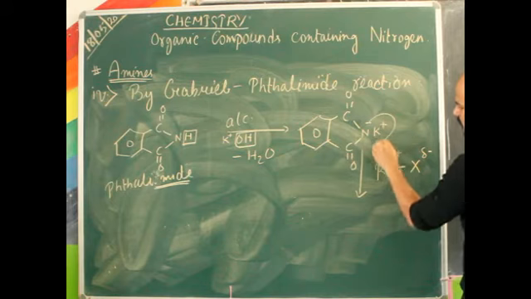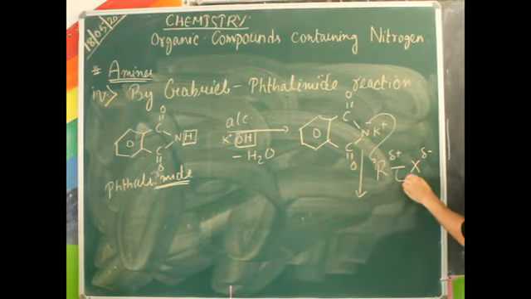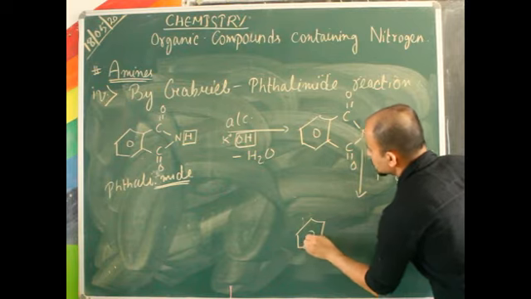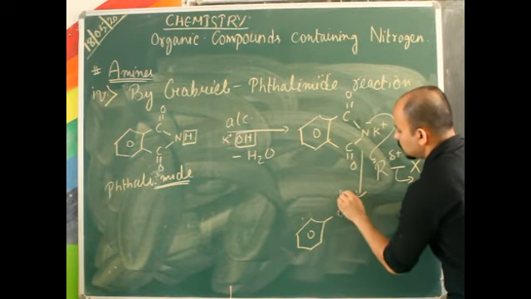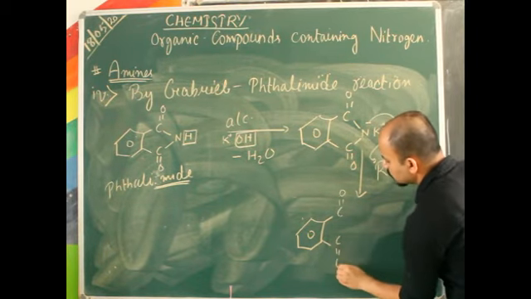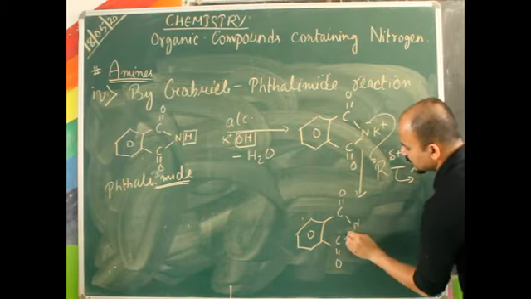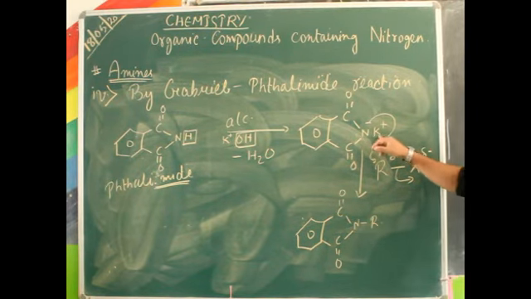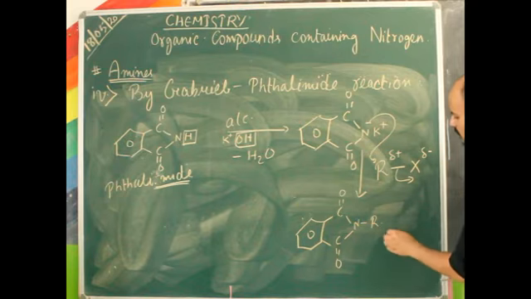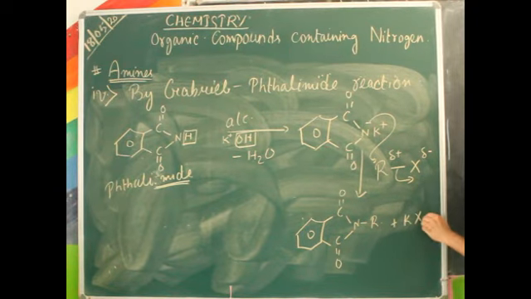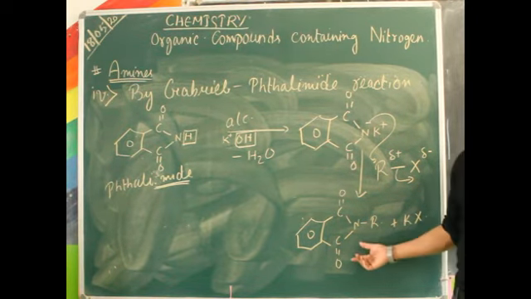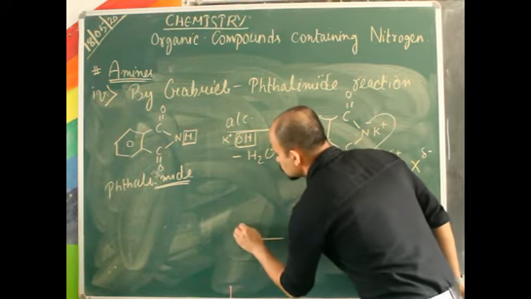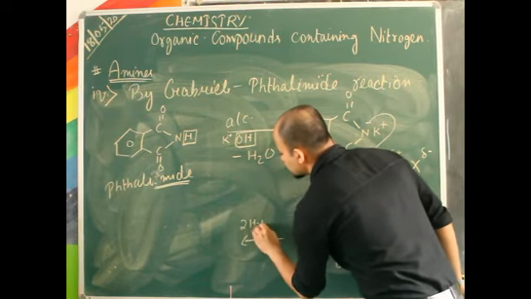This negative sign will come and get bonded with this R group, and as a result, you have the second product, that is C double bond O, C double bond O, N, and here it is bonded with now R. And what is the byproduct? Byproduct is K and X. So plus KX.